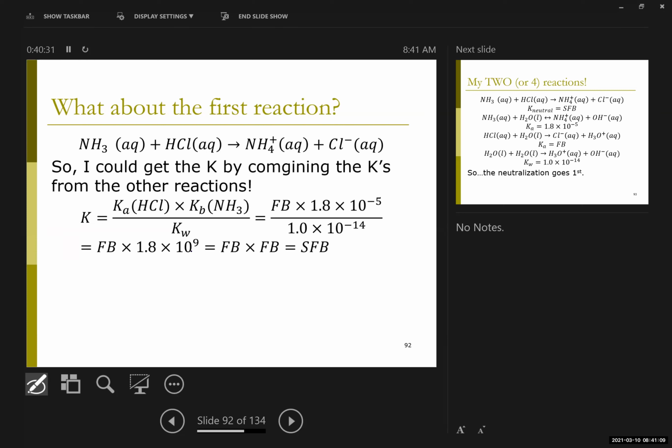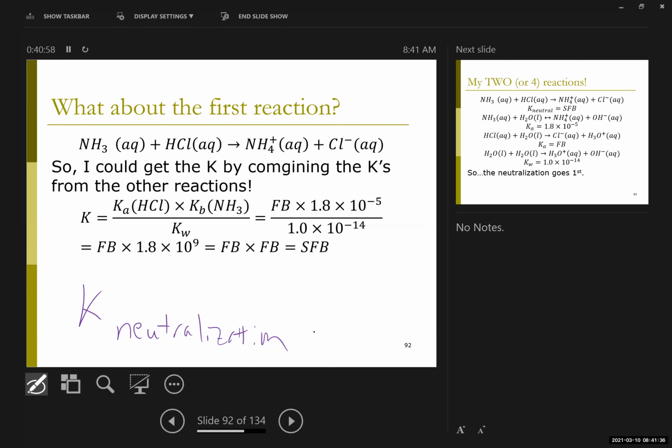I hate this particular phrasing, but I will introduce the N word nonetheless. This is sometimes referred to as K neutralization. They really mean the N word to simply be any acid-base reaction.